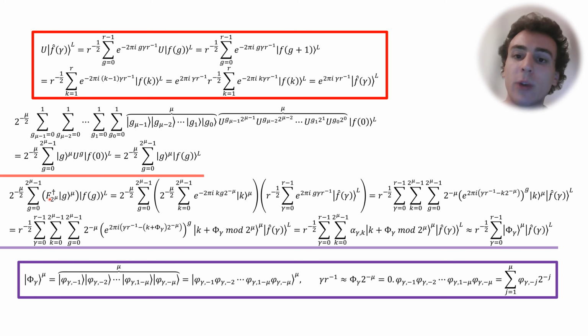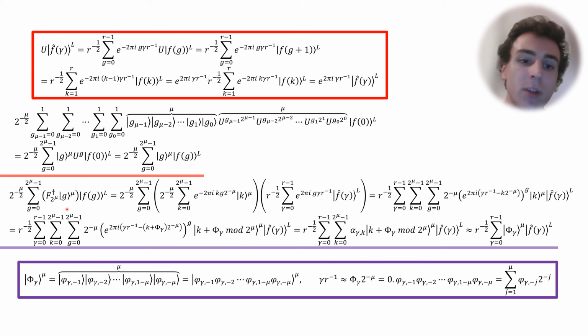F is for Fourier, and this dagger is denoting the Hermitian adjoint. That's because we're dealing with the inverse quantum Fourier transform. And it's specifically for mu qubits, because we're applying it to a register that consists of mu qubits. So this is a concise way of expressing that state, and now we can unpack the details.